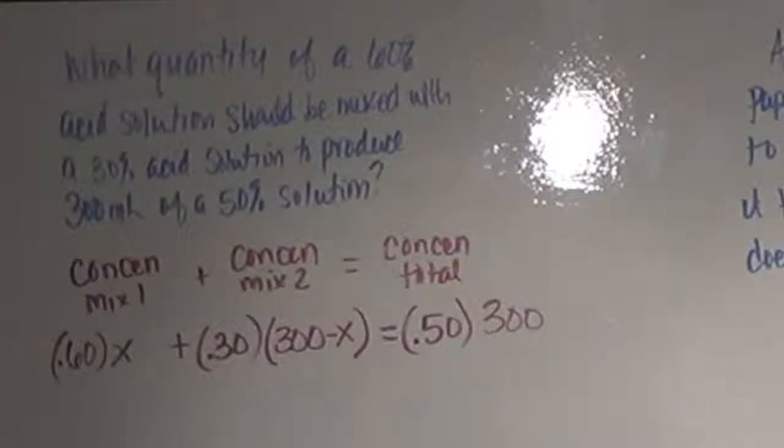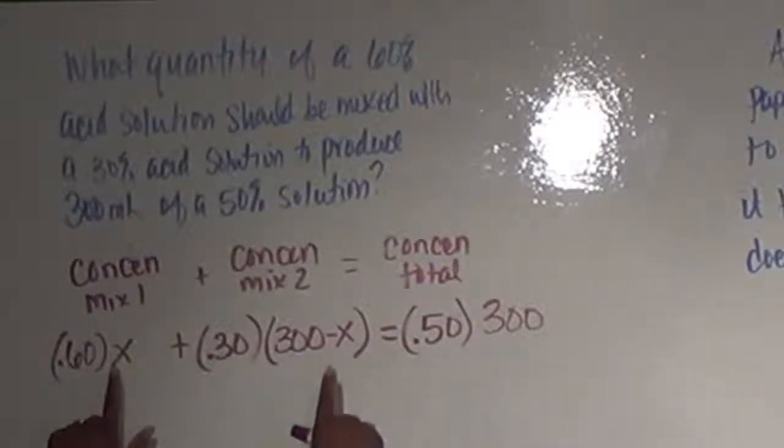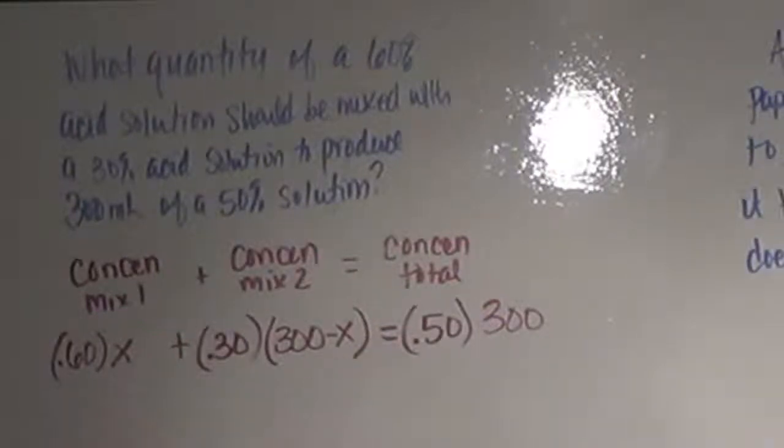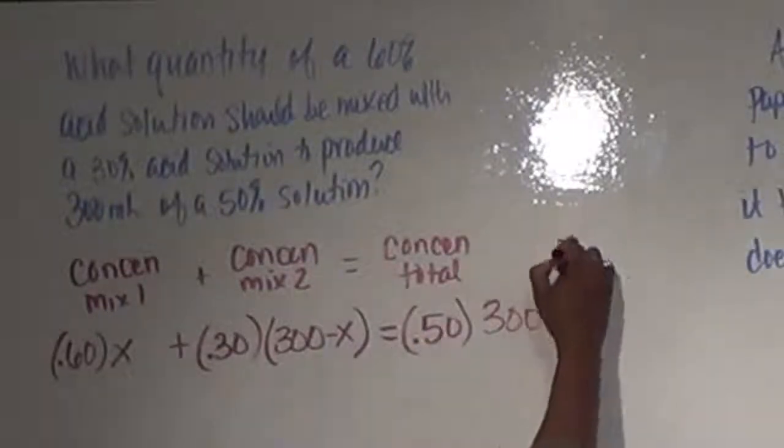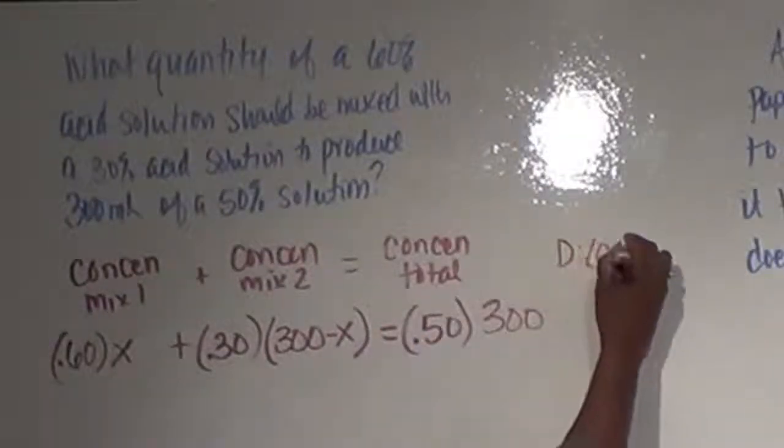Okay. So now I'm going to go ahead and solve. Again, if I look at my variables here, I know I can't have anything less than 0, and I can't have anything bigger than 300. So keep that in mind. My domain here, 0 to 300.